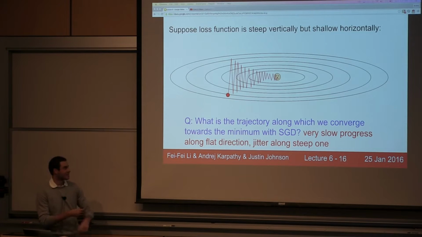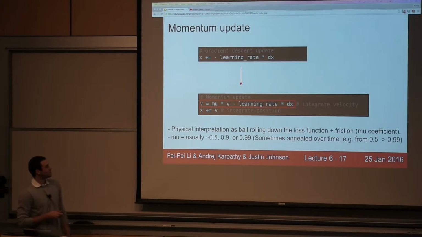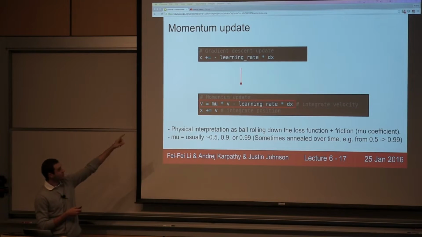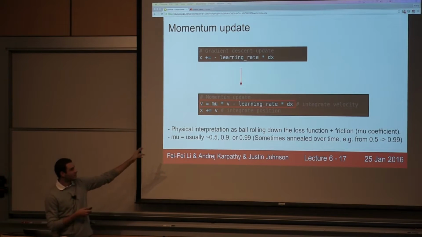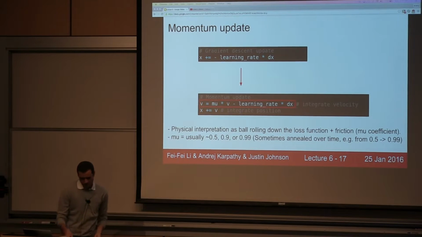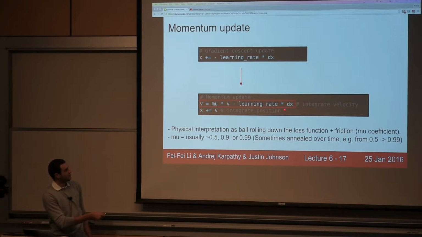So one way of remedying this kind of situation is what we call a momentum update. The momentum update will change our update in the following way. So right now, we're just incrementing the gradient. We're taking the gradient, and we're integrating our current position by that gradient. In the momentum update, instead, we're going to take the gradient that we've computed, and instead of integrating the position directly, we're going to increment this variable v, which I call v for velocity, and we'll see why that is in a bit.